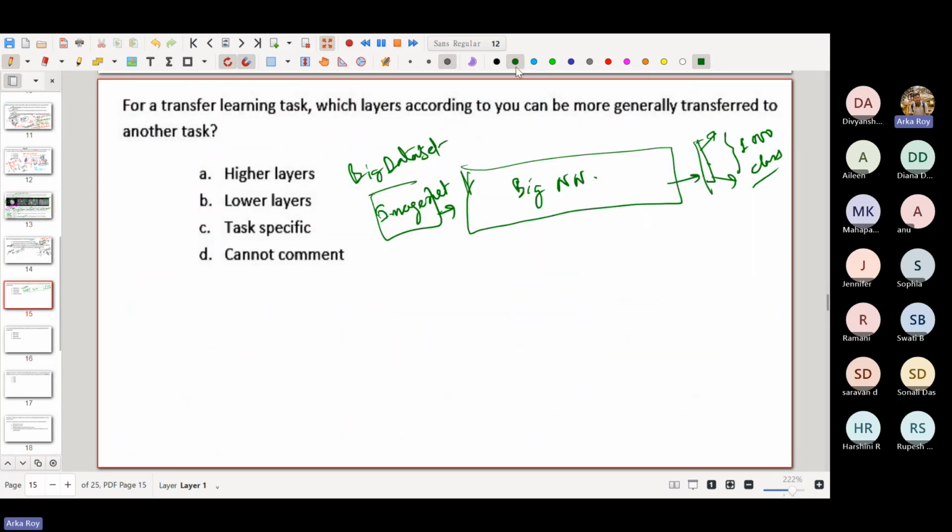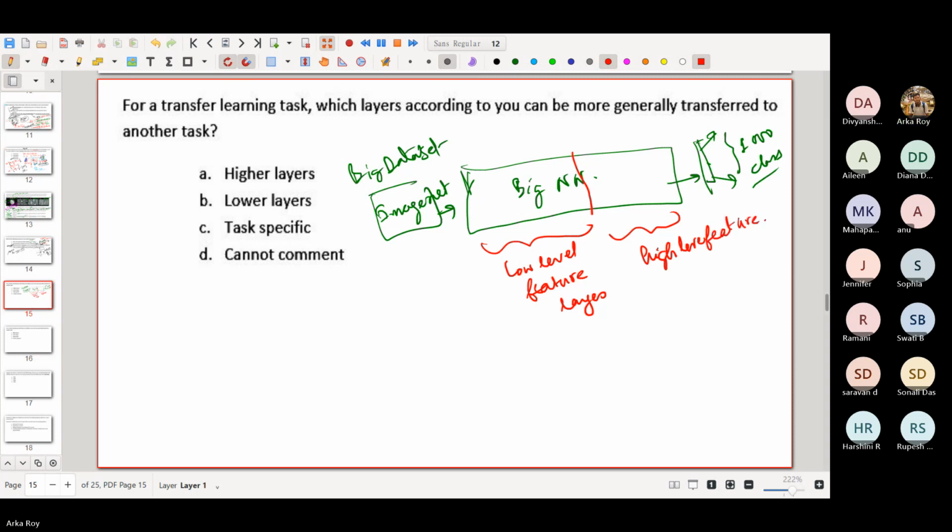So in case of a transfer learning model, let me just show it like this. These are, let's say, low level feature layers, and these are high level feature layers. Please don't mind the spelling mistakes.